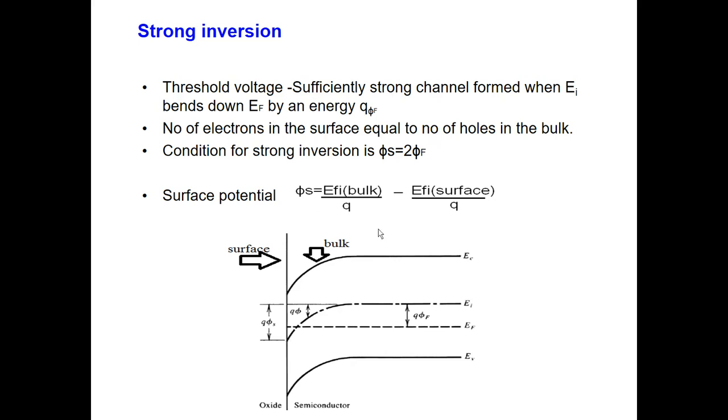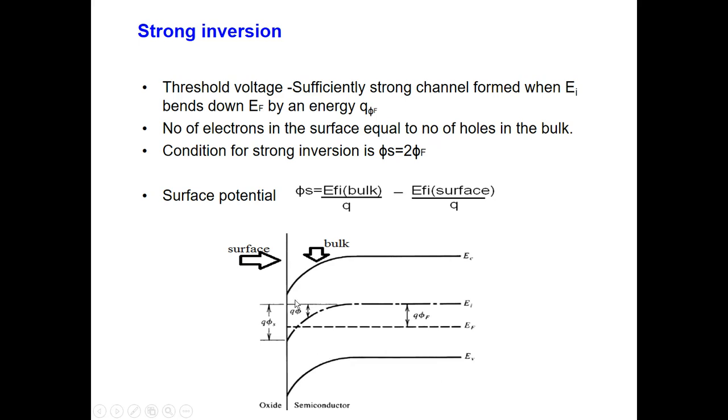That means the number of electrons at the SiO2 surface is now equal to the number of holes in the bulk. The number of holes in the p-type substrate is equal to the number of electrons near the Si-SiO2 interface.